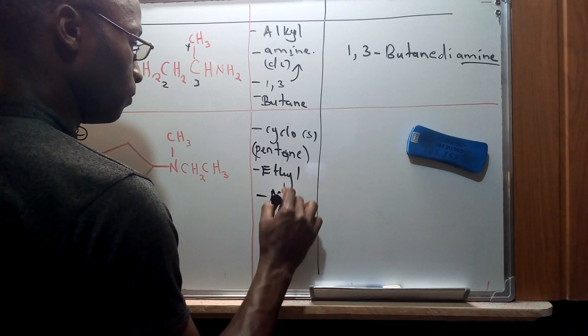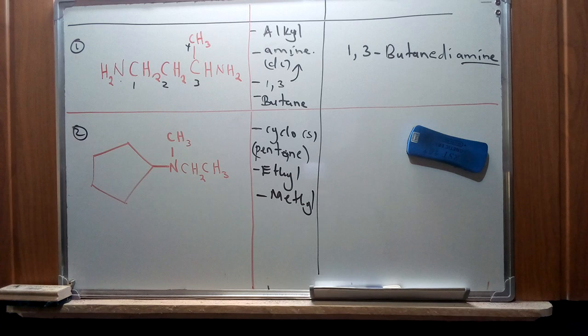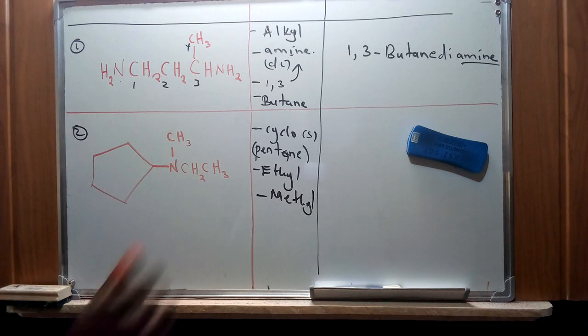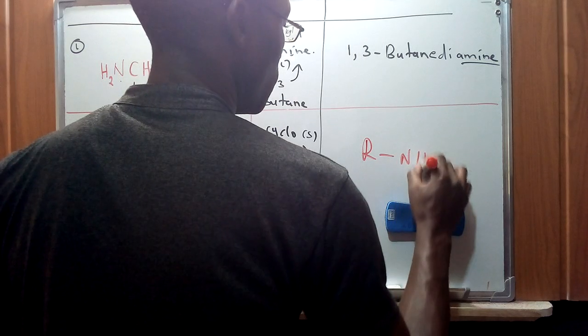We are going to identify a functional group in this particular case, and just like the first case, it's an amine. As we said, the functional group for amine is represented using R and H, whereby R designates a radical.